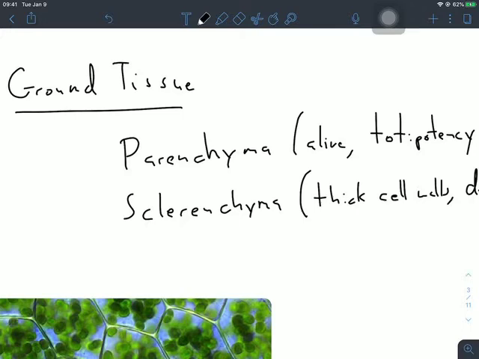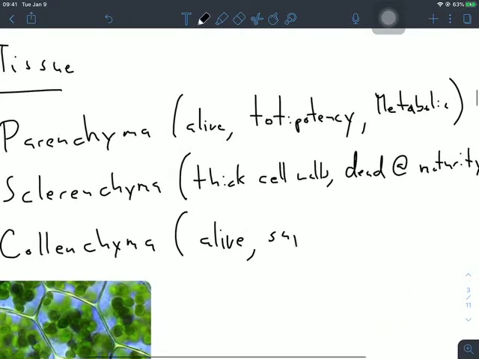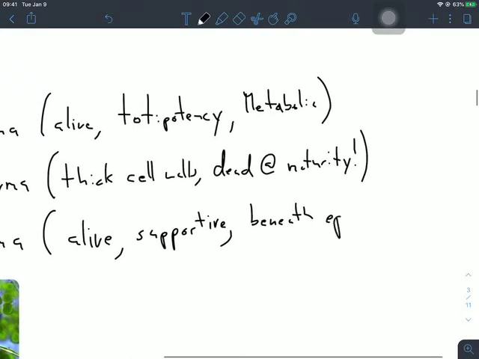Our third ground tissue type is the parenchyma. These are alive and also supportive with not as thick cell walls, but you'll oftentimes find parenchyma directly beneath the epidermis.